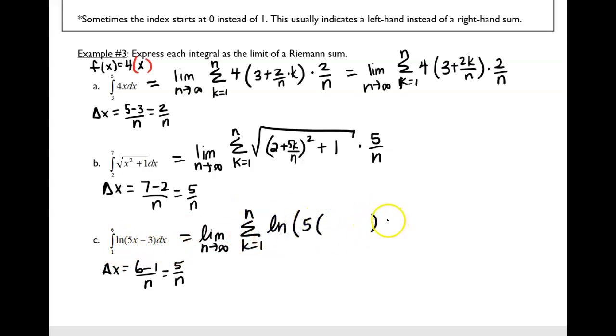Leave the something there, minus 3. That something is what you're filling in. So instead of x, I start with my a, 1, plus 5 over n times k. Then I'm going to multiply that whole thing by 5 over n, by my delta x. Don't forget that delta x at the end.